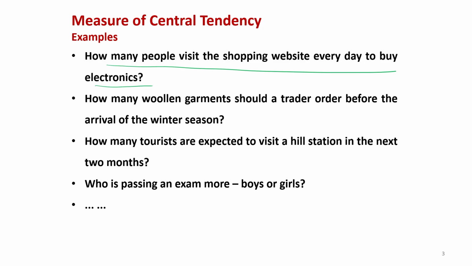which can be easily understood. Similarly, if a garment trader wants to store some woolen garments before the arrival of the winter season, then the trader might be interested in knowing how many woolen garments should be ordered before the arrival of the winter.